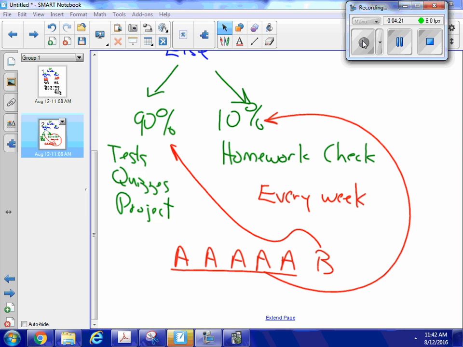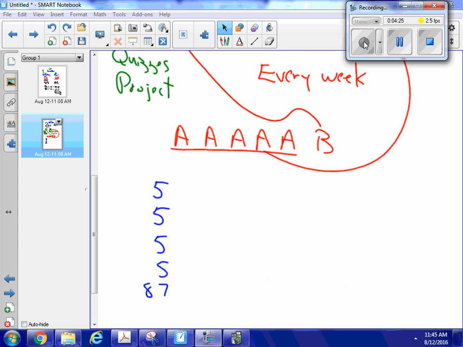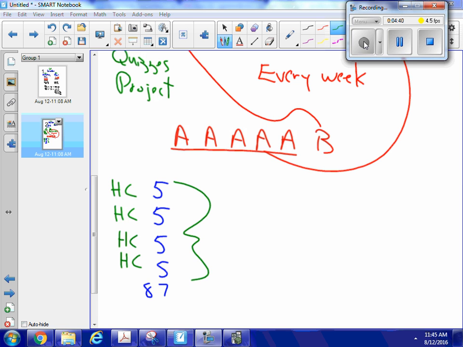Let's say we start out the year and we have a homework check and you get a 5 out of 5. Then another homework check, 5 out of 5. Another, 5 out of 5. And another, 5 out of 5. So on these homework checks, you've gotten 20 points out of 20 possible. So you've got 100%, and you're saying, I have an A here, and an A here, and an A here, and an A here.